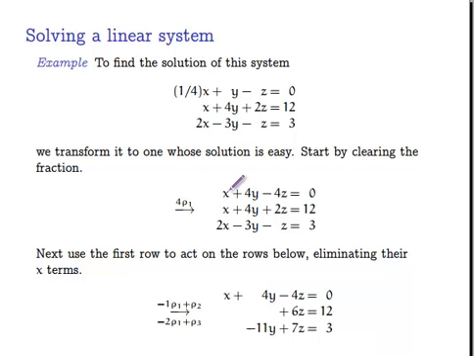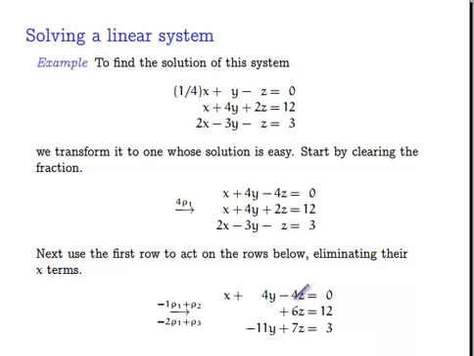Okay. Now, once I've done this, I can simplify further. Notice that the first two equations are quite similar. And if I subtract the first equation from the second equation, that's expressed by this operation here. I take row 2 minus row 1. If I do that, you can see that the x's will cancel, the 4y's will cancel. If I take 2 minus 4, I get plus 6z.